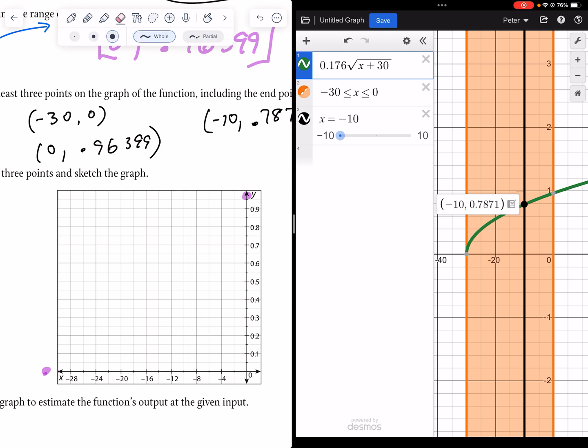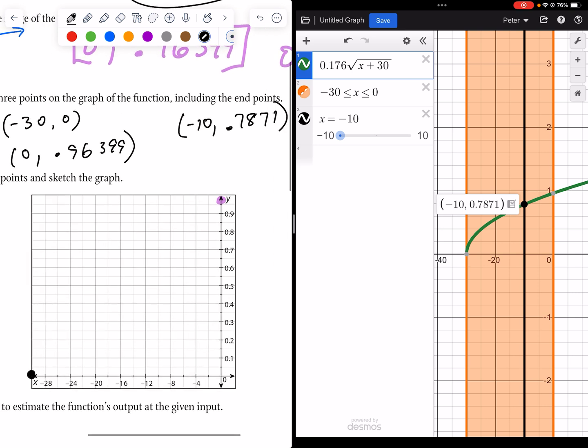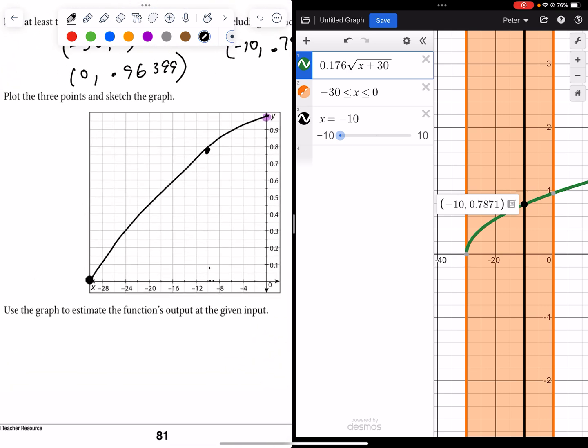Oh, wait, this is actually here. Negative 10, 0.78. Maybe there. So it's not a straight line, it's a curve.